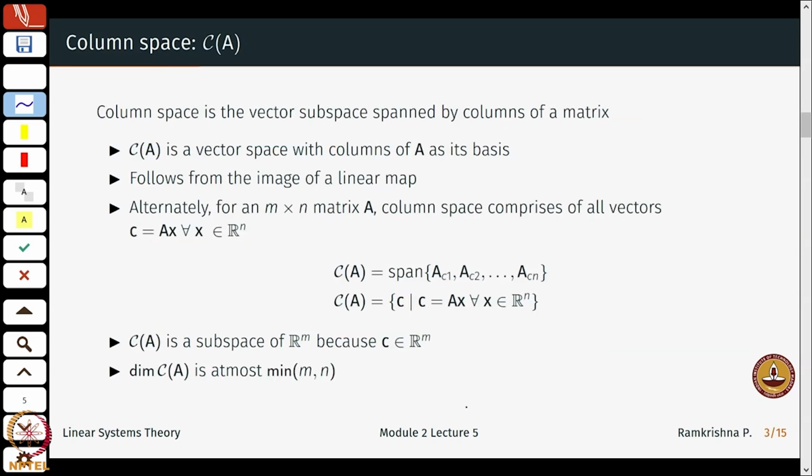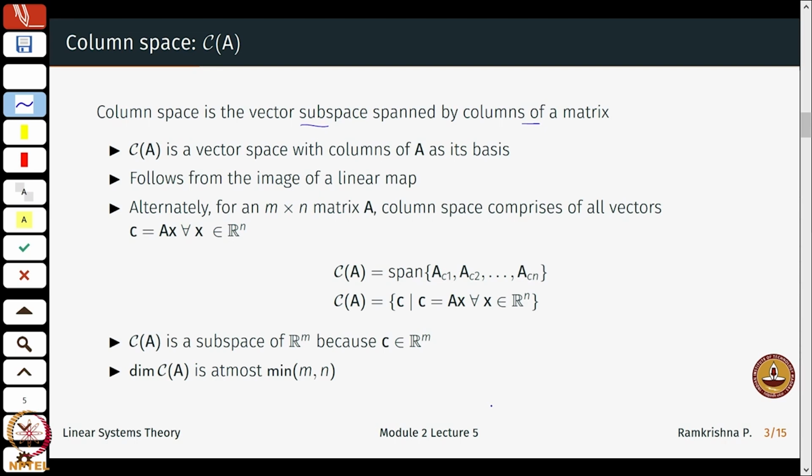As the name suggests, it is a vector subspace spanned by the columns of the matrix, and C of A is then a vector space with the columns of A as its basis. If you look at it carefully, this also has a close connection with the definition of the image of a linear map. So, what does this mean?